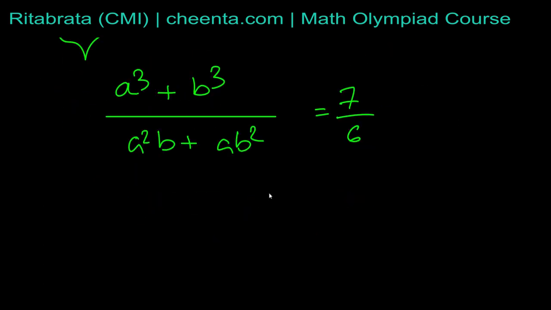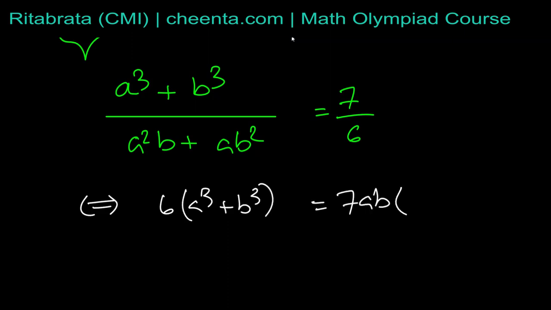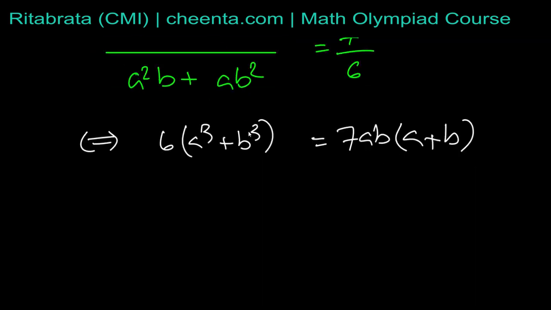And now this is a simple algebraic calculation. We have 6 into a cube plus b cube equal to 7ab times a plus b. Now we know how to express a cube plus b cube: a cube plus b cube is a plus b whole cube minus 3ab into a plus b.